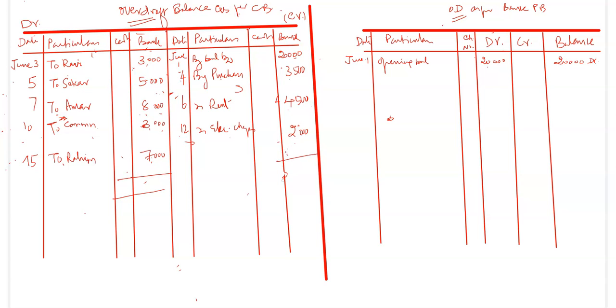That means closing balance is also OD, because the total opening OD and other expenses put together is 3,000, 7,000, 8,000, almost 10,000. Plus 20,000 opening balance, this becomes 30,000.